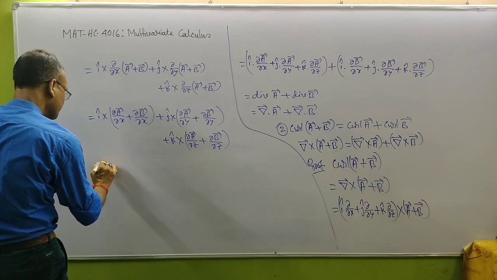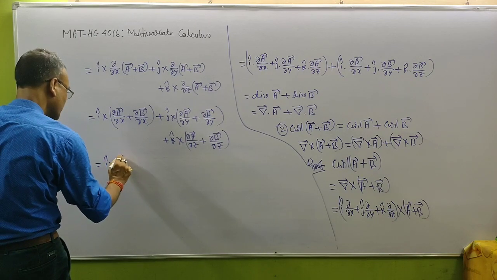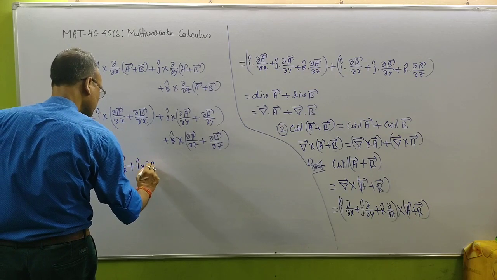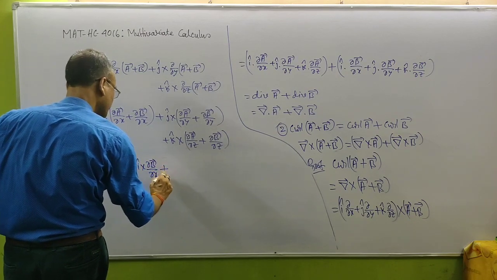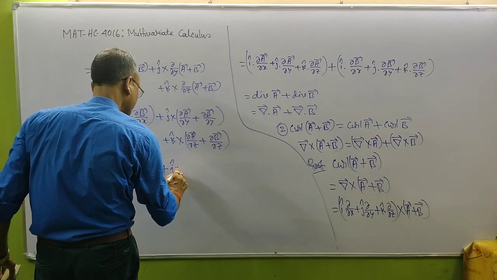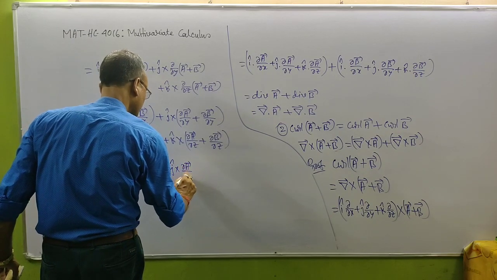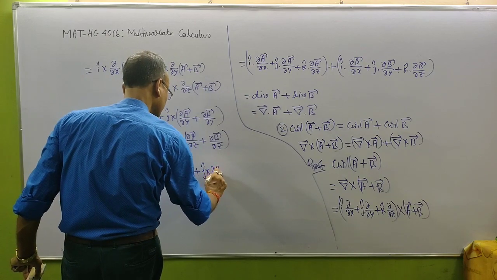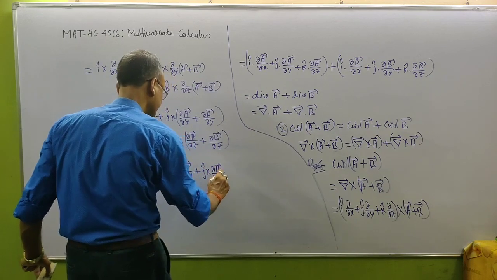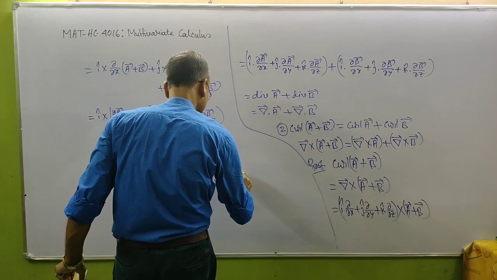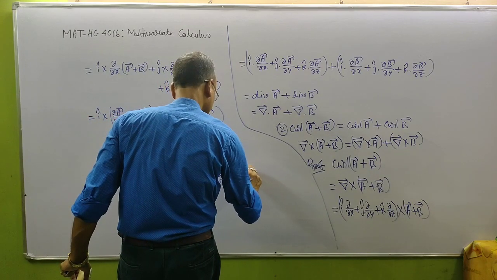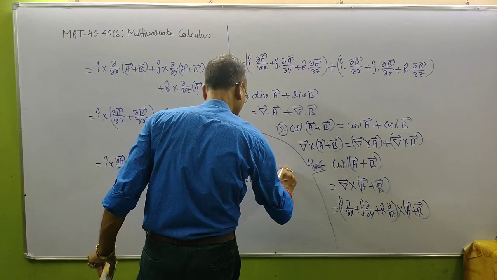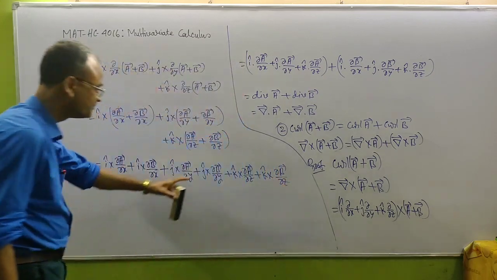Since cross product is distributive, this gives k cap cross delta B vector by delta z.